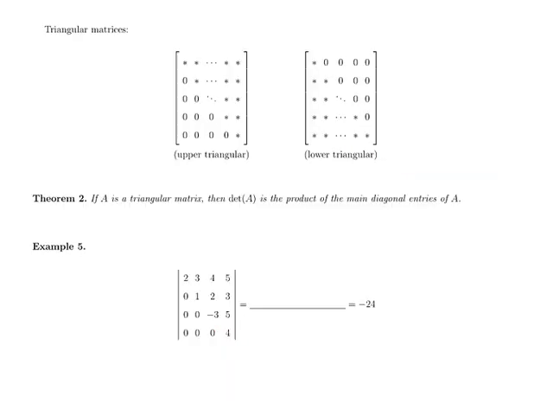When we deal with triangular matrices, the determinant is a very nice thing. So here we have two triangular matrices. The first one is called the upper triangular. It is called upper triangular because everything, including the diagonal and above, is grouped together, and basically everything else is 0. The asterisk means that it can be anything, including 0.